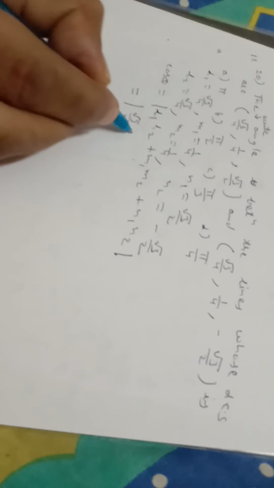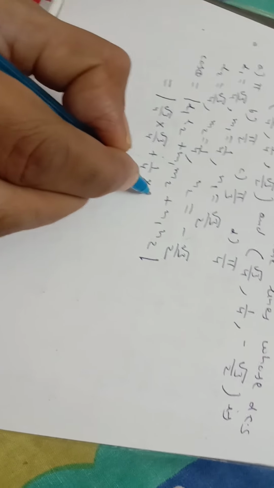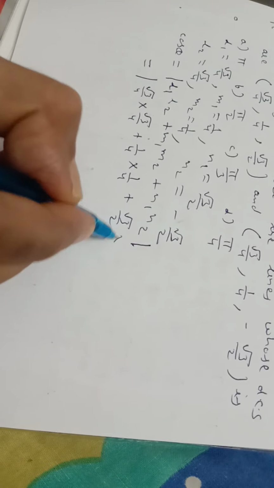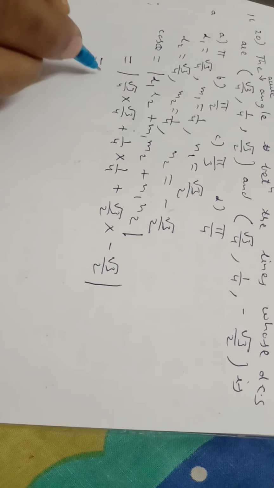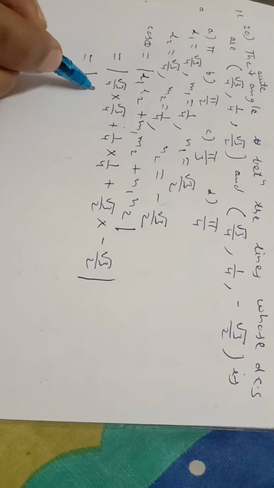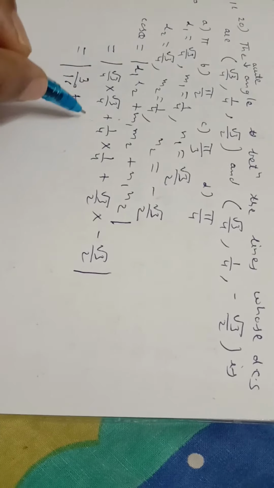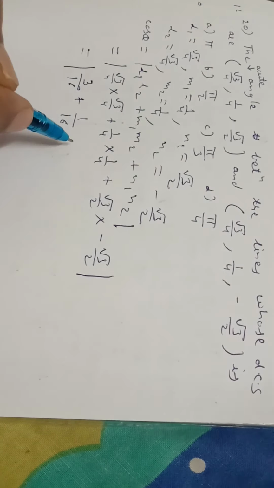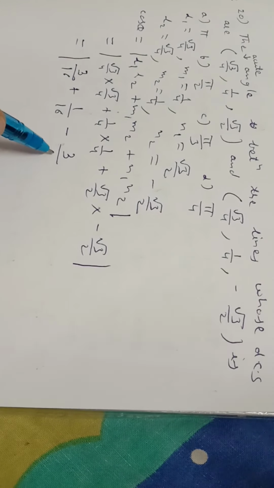Root 3 by 4 into root 3 by 4 plus 1 by 4 into 1 by 4 plus root 3 by 2 into minus root 3 by 2 equals, simplify. Root 3 into root 3 is root 3 square, the radical sign gets eliminated, 3. 4 fours are 16, plus 1 by 16. One of the factors is negative, so the last term becomes negative. Root 3 into root 3 is 3, 2 into 2 is 4.